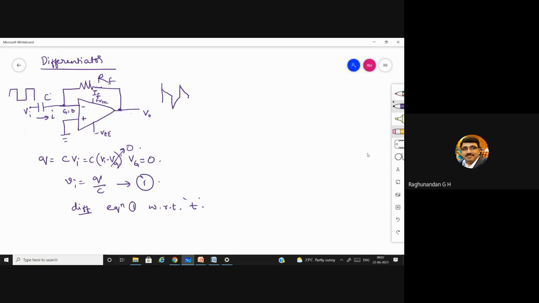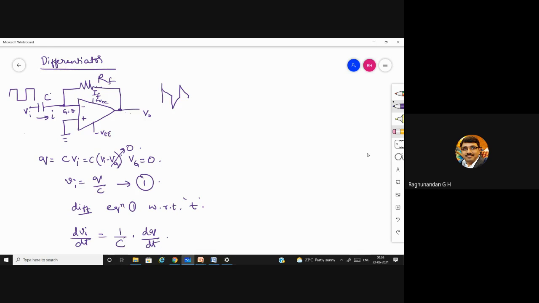When we differentiate it, we get dVi by dt is equal to, among these, which is constant, charge or the capacitance? Capacitance. So take it outside, and we have dQ by dt.